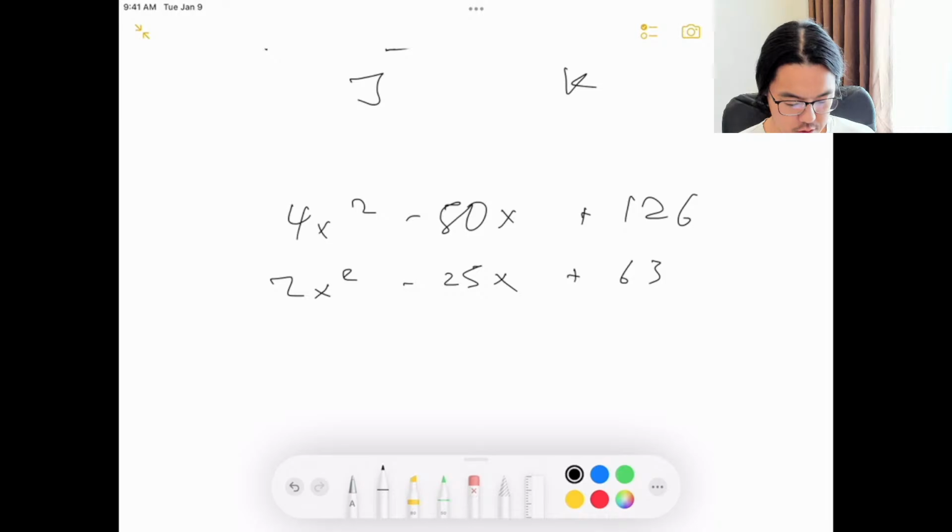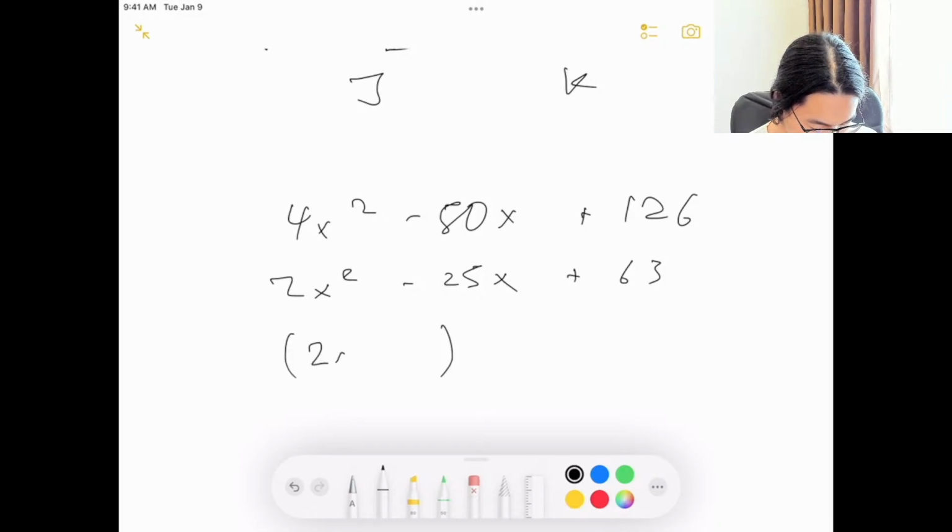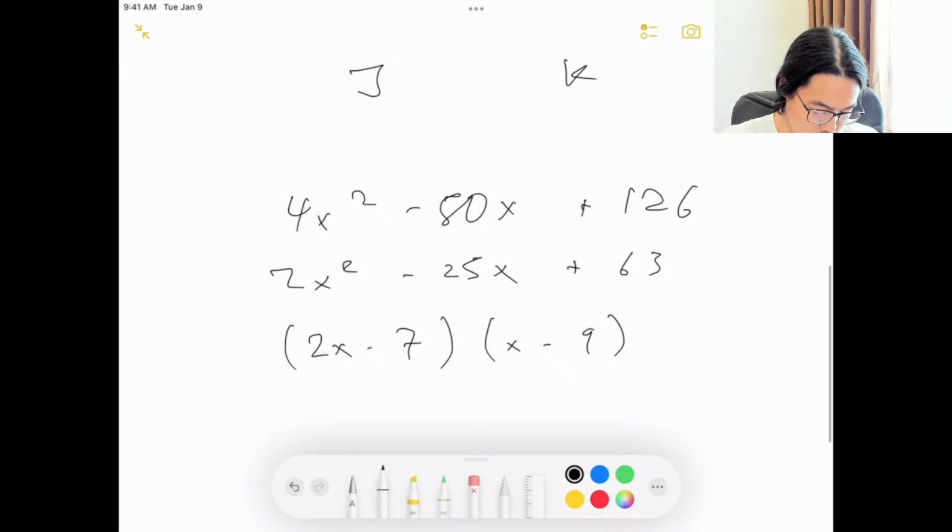And then let me see. 9 times 7 is equal to 63. 18 and 7 add up to 25. So 2x, x, 9 and 7. And then we have to have minus, minus, and that's our system equation.